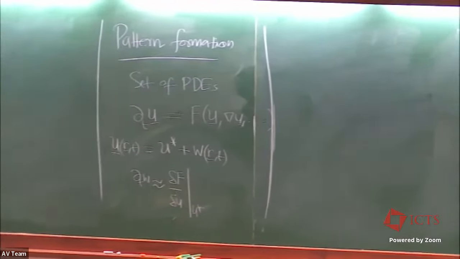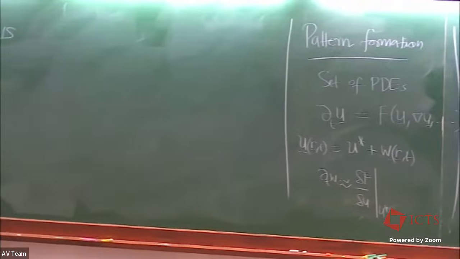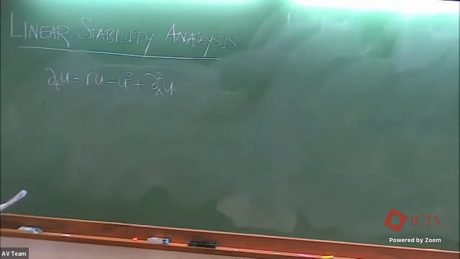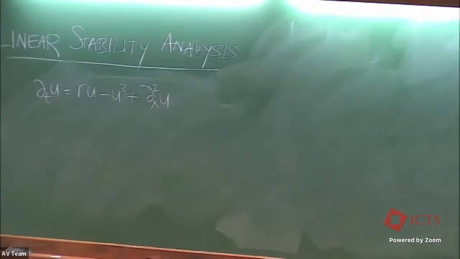Okay, so let's set up the Ginzburg-Landau equation, and I want you to help me with the linear stability analysis. So I have the field U, which has the equation. You can start with something with lots of dimensions, put a D, put a lambda, and non-dimensionalize it. I'll start with this form. I'm assuming you can do the non-dimensionalization yourself.